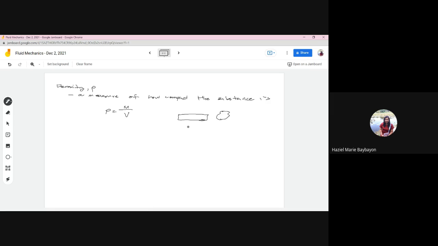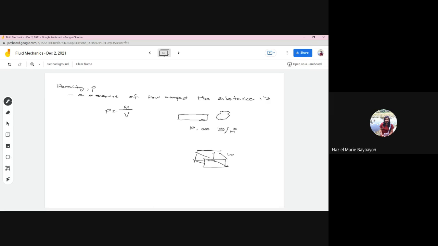For example, gold has a density equal to 19,000 kilograms per meter cube. What does that mean, class? If you have 1 meter cube of gold, meaning you have a cube whose side is 1 meter by 1 meter by 1 meter. Suppose this is a cube with side equal to 1 meter.